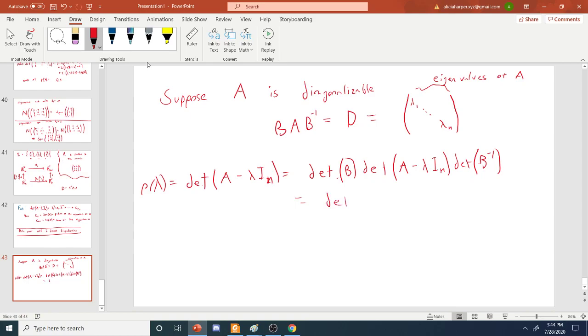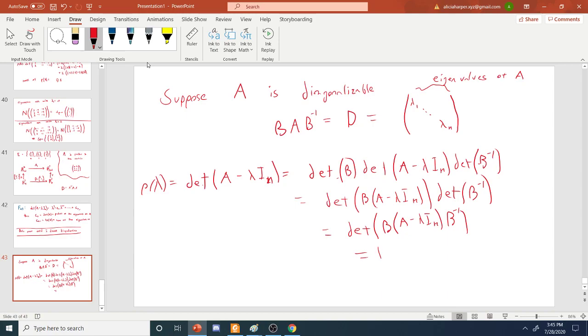And this is the same thing as the determinant of B, A minus lambda I n, B inverse, which is the same thing as the determinant of B A B inverse minus lambda I n, which is the same as the determinant of D minus lambda I n.